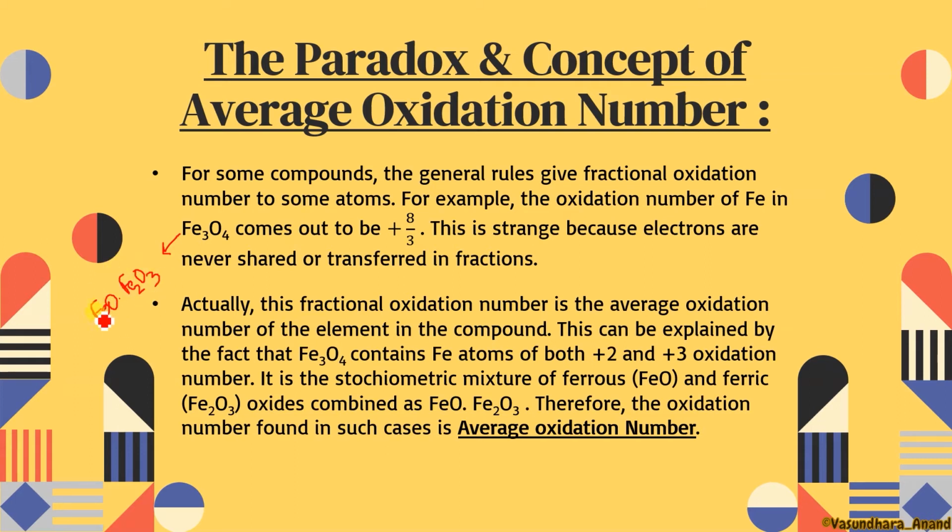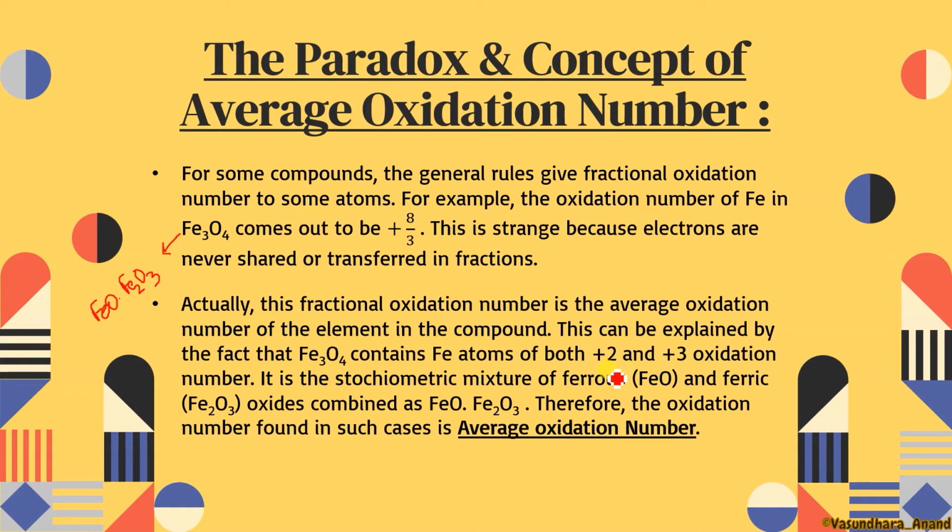Ferro means it is +2 state, and ferric means it is +3 state. So the irons here are in +2 and +3 states. Now take the average of this, you will get 8/3. If you do that, only then will you get the average.